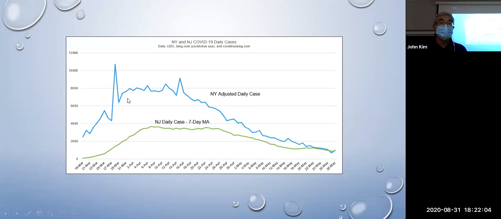So flatten, but not decrease. But after face mask was required, then daily case decreased. New York decreased early, but New Jersey decreased later like this. So from this graph, we can see the face mask requirement works because daily case decreased like this.